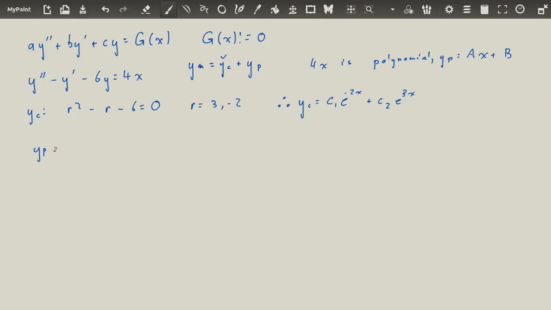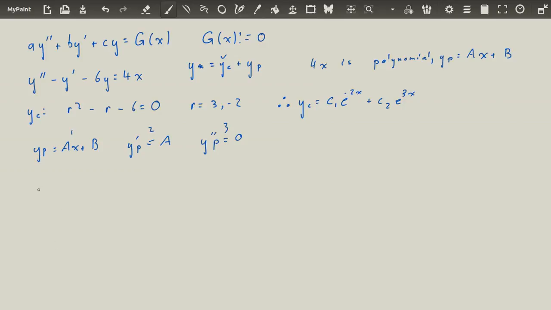That means that y prime of p is equal to a, and that y double prime of p is equal to 0. So I'm going to take these three statements and plug them into the original equation.